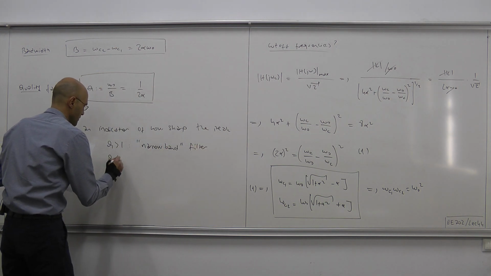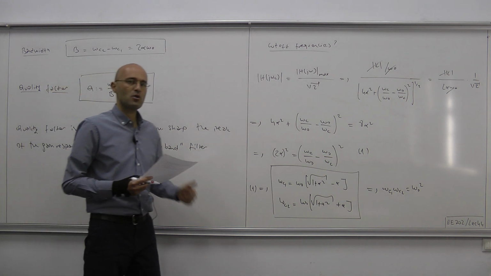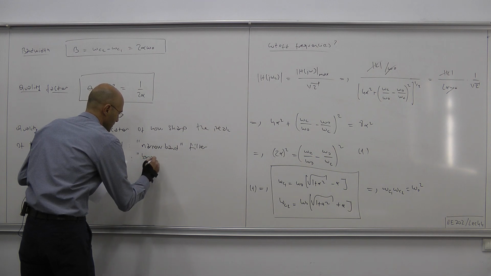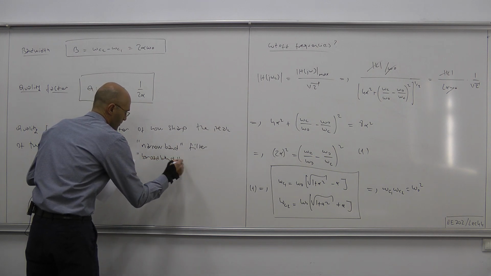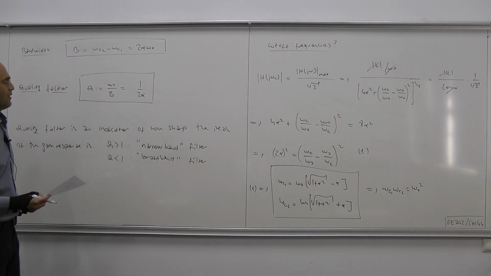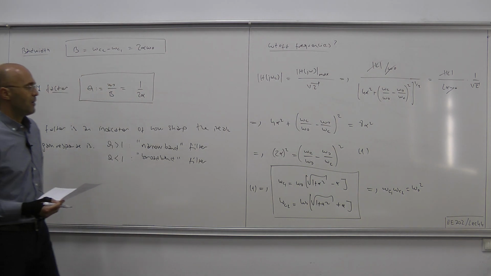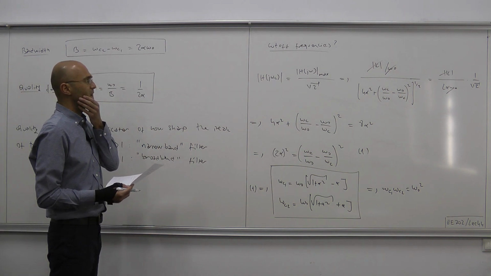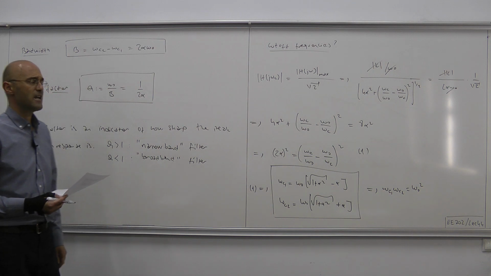And the other possibility, when Q is smaller than 1, it's called a broadband filter. Okay. So for now, that's about it regarding what can be said about the gain function.